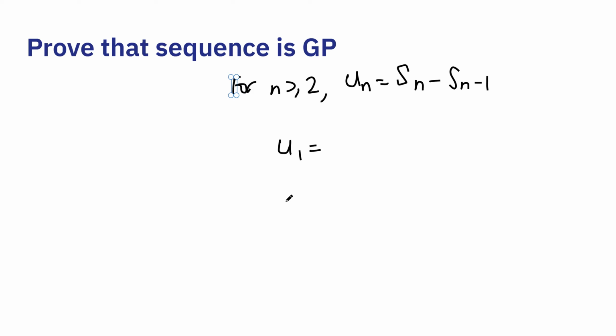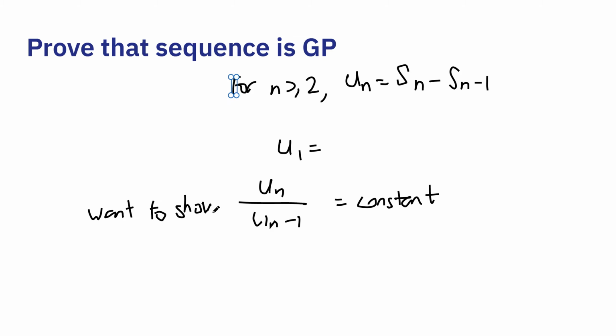But now instead of un minus 1 being a constant, we want to show that un divided by un minus 1 is a constant. Okay, because this is our common ratio. So we want to show that this is a constant. And if we are able to show that this is a constant, you just need to say since the ratio of every two consecutive terms is a constant, therefore, the terms of this sequence form a geometric progression.